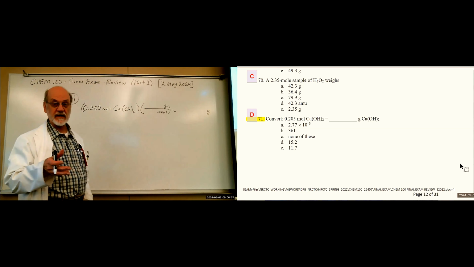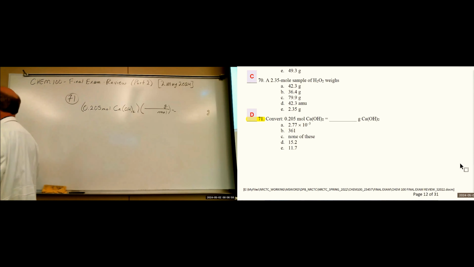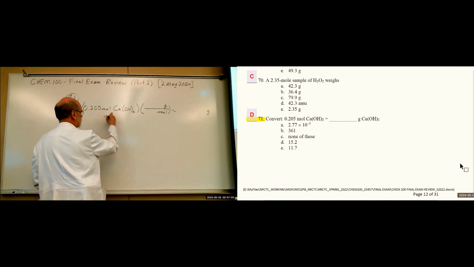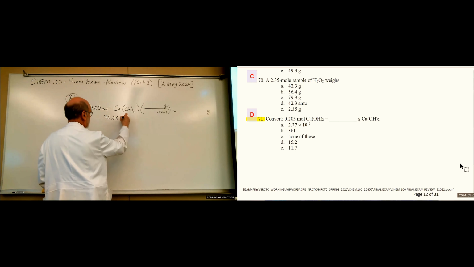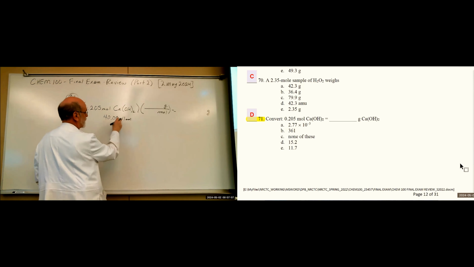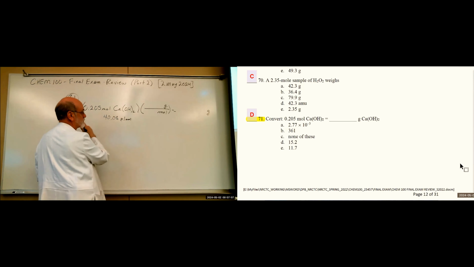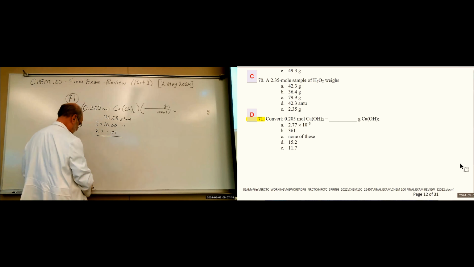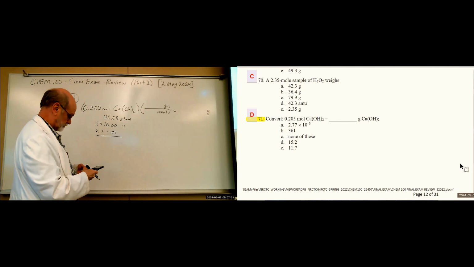So we look at our periodic table and we find that calcium is about 40.08 grams per mole. We have 2 oxygens, 16 grams each, and we have 2 hydrogens, 1.01 each. So we just add those up.